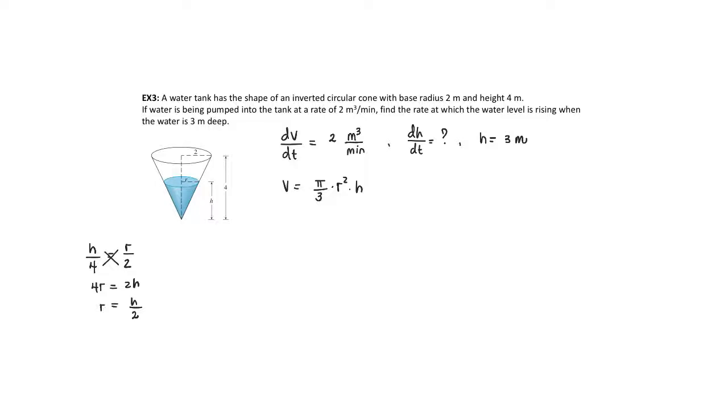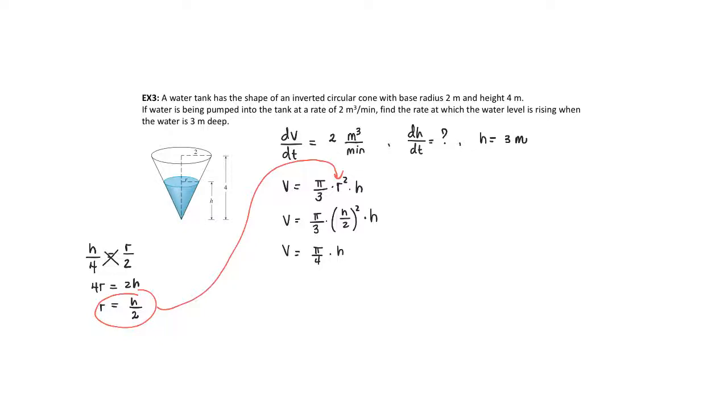And now I can take this expression right here and substitute it into my r. So if I do that, we're going to have pi over 3 times (h divided by 2) squared times h, and once we simplify everything, that should give us pi over 12 times h cubed.